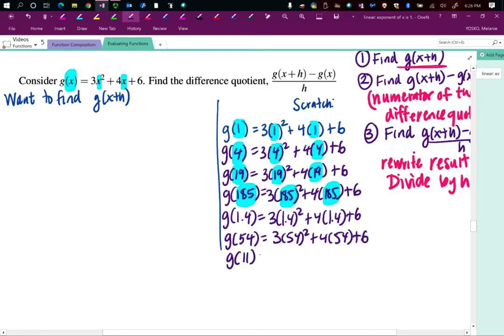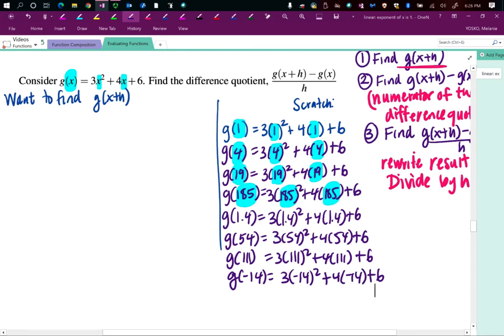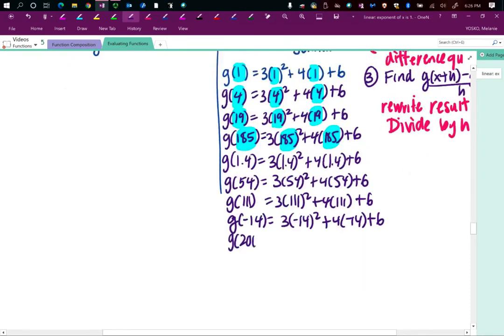G of 111: 3 times 111 squared plus 4 times 111 plus 6. G of negative 14: 3 times negative 14 squared plus 4 times negative 14 plus 6. G of 206: 3 times 206 squared plus 4 times 206 plus 6.